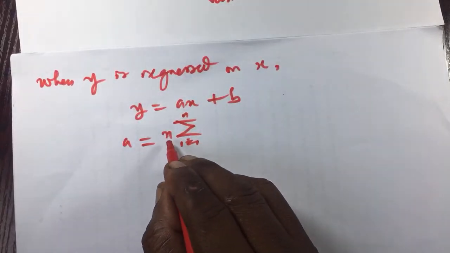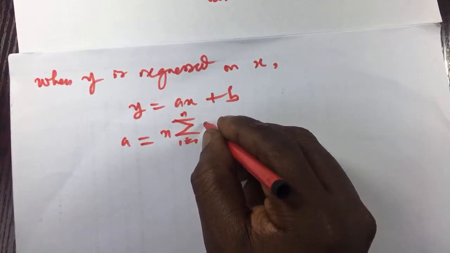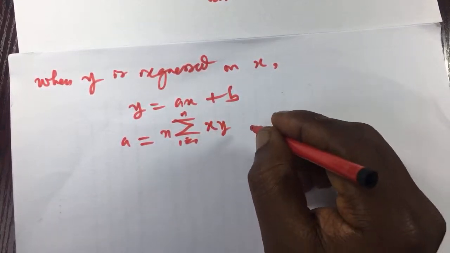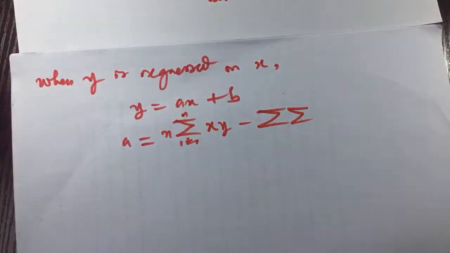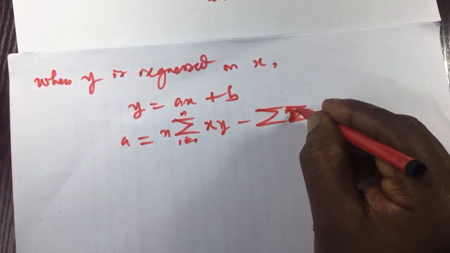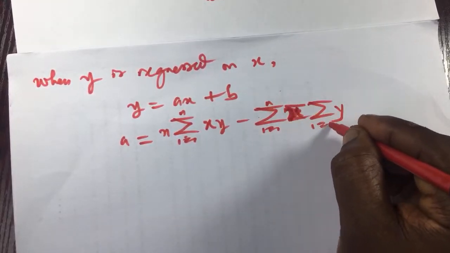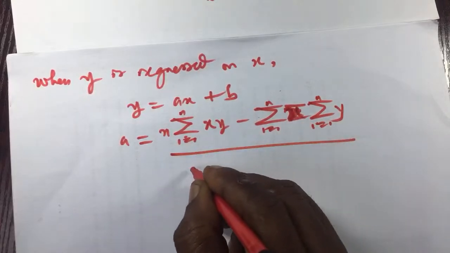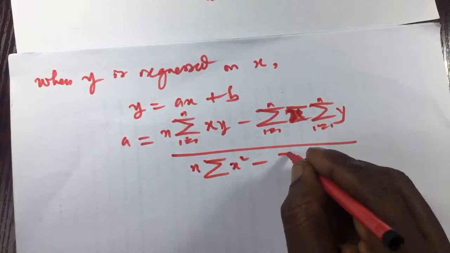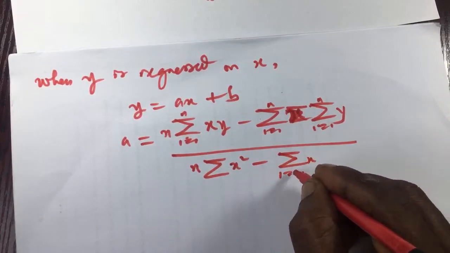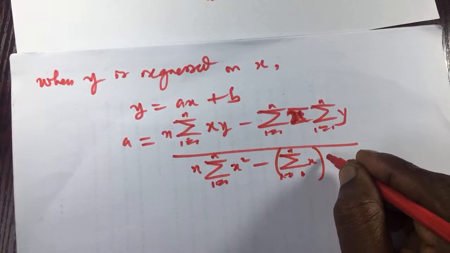A will be equal to, from what we established, you can go over it again in that video. We established that a will be equal to n times the summation from i equals 1 to n of xy, minus the summation of x times the summation of y, from i equals 1 to n, all over n times the summation of x squared minus the summation of x from i equals 1 to n, all squared.